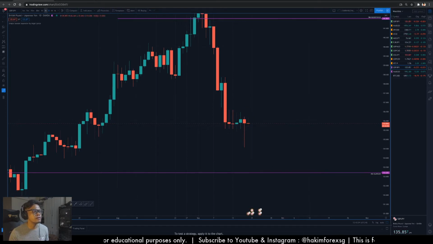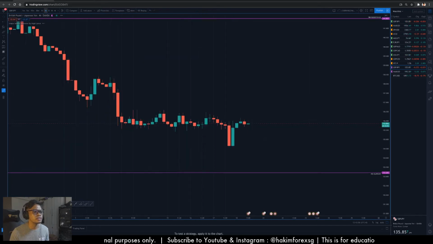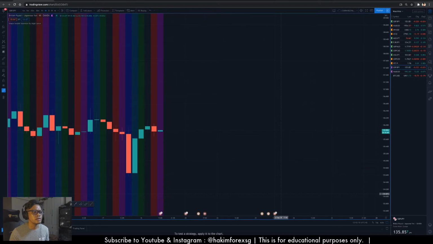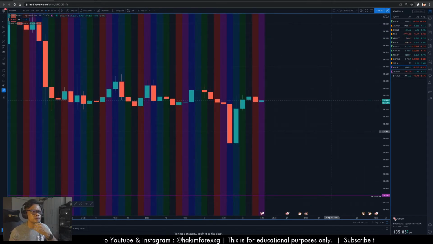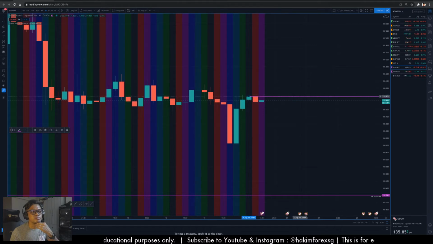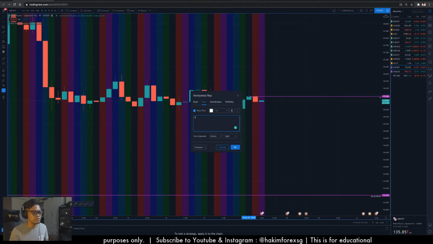Now we are at the day, and now we're going to H4. We are doing the support and resistance for H4. Usually I'll do the last support or resistance. Maybe we do the resistance here first. H4 resistance.